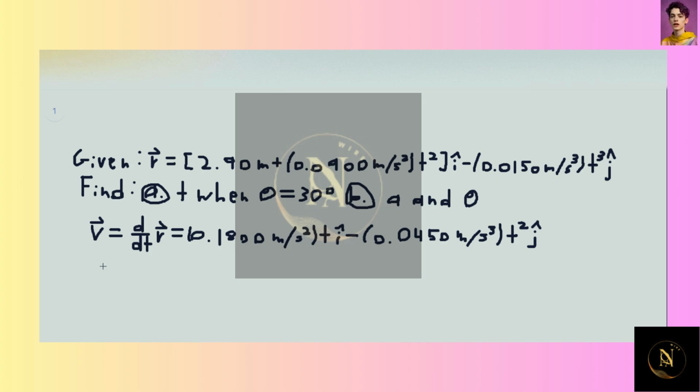Now we know that the relationship between the angle, which is the direction, and the x and y components is tan theta equals Vy over Vx.